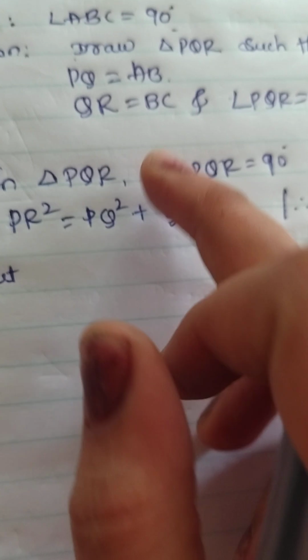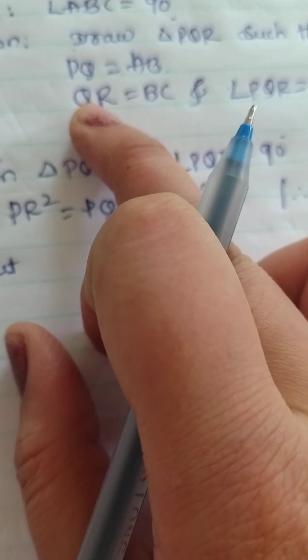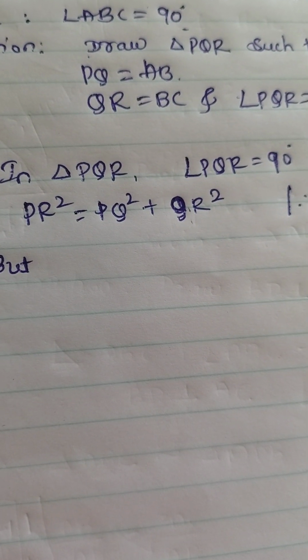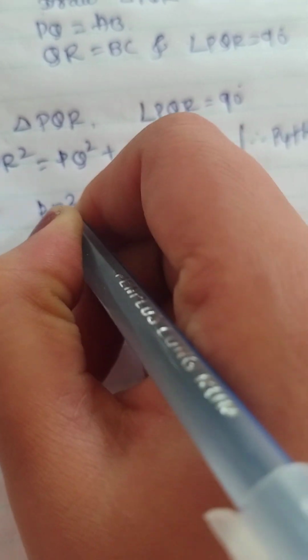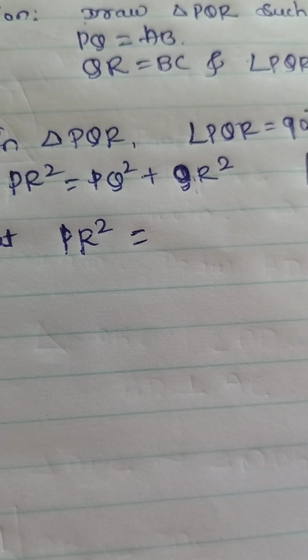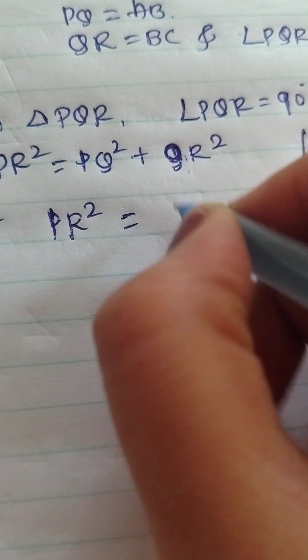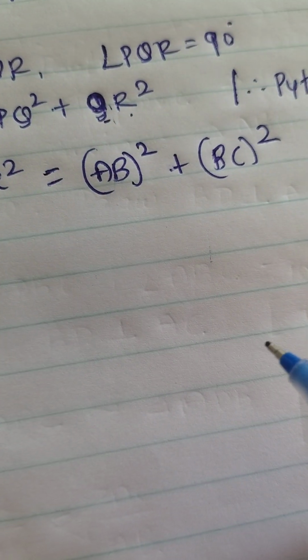But we know QR is equal to BC here, and PQ is equal to AB here. So can I put the PQ and QR values? That is, PR square equals AB square plus, in place of QR I will put BC, that is BC square. Why?